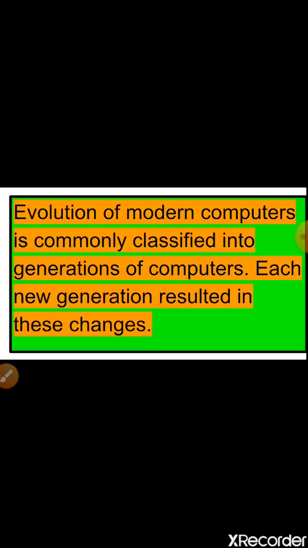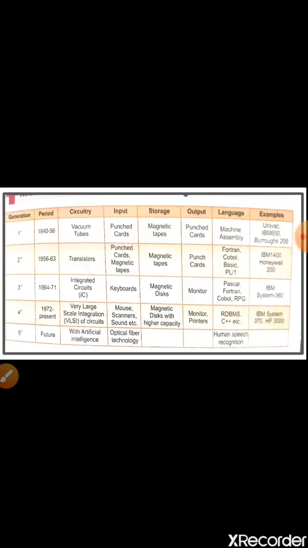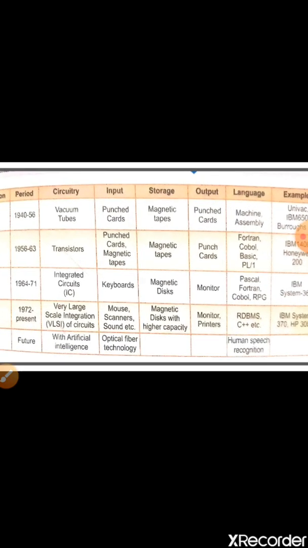Children, come to the generations of computer. The evolution of modern computers is commonly classified into generations of computers. Each new generation resulted in these changes. Children, look at this table.